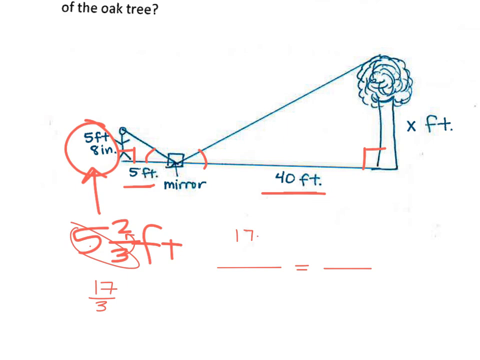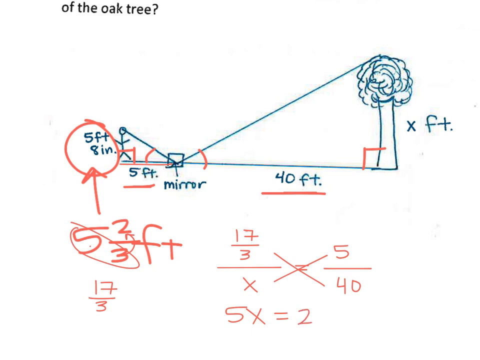So the height of the person, 17/3, to the height of the tree, which we don't know, should equal the distance from the mirror to the person and the distance from the mirror to the tree, right? Those are the comparable parts. So we're just gonna cross multiply that. You get 5x equals 17/3 times 40.